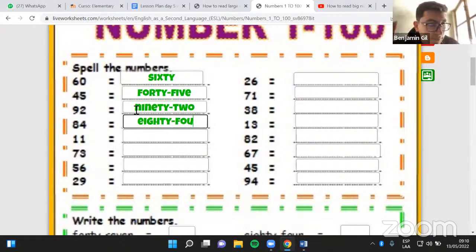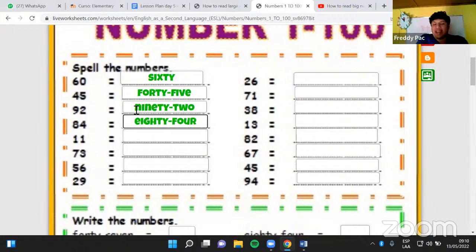R for Romeo. 84. Yes, 84. So that is the way you have to write it down. For example, 11, well, you don't worry. 11 is like this. Easy, right? No more, because it is 11. 73. So it would be 70 hyphen.